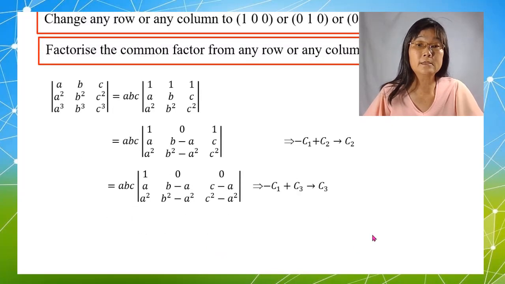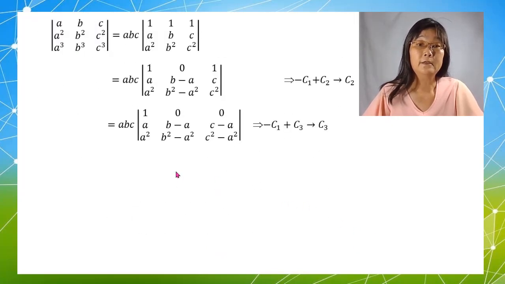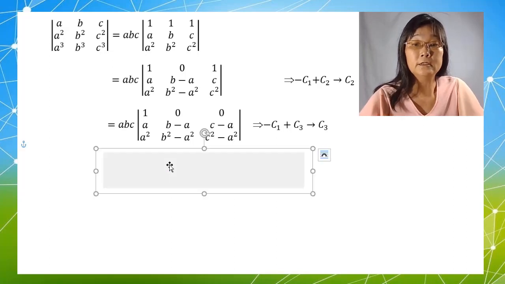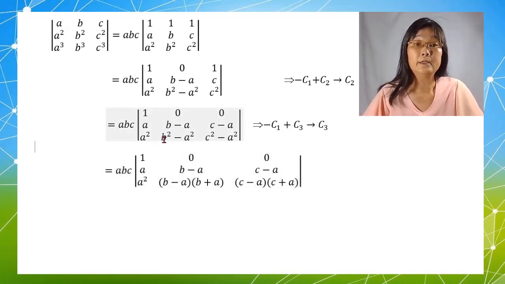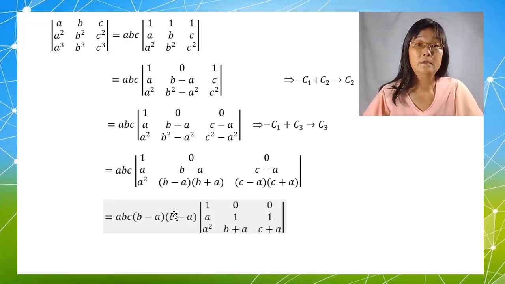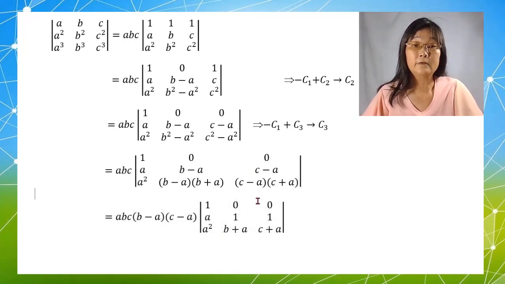But before this, I need to factorize b squared minus a squared into b minus a multiply b plus a, and c squared minus a squared into c minus a multiply c plus a. So after this, I can factorize b minus a from the second column, c minus a from the third column. After factorizing, I'll get this.